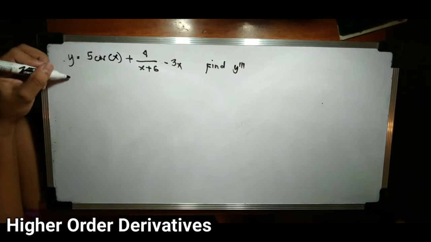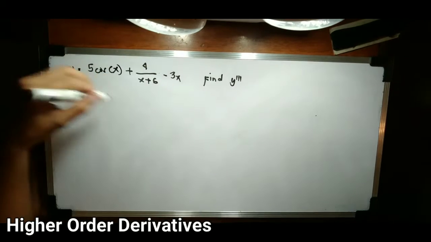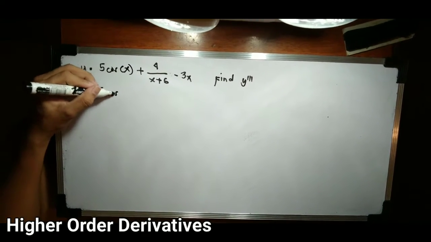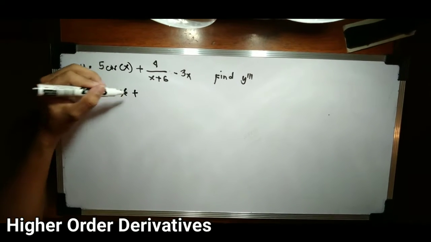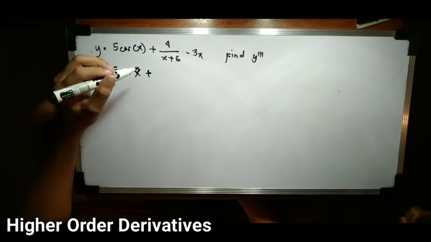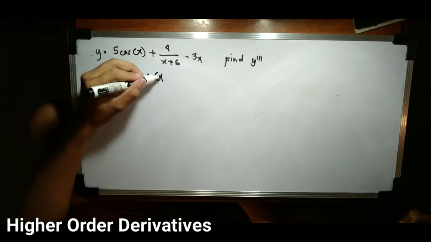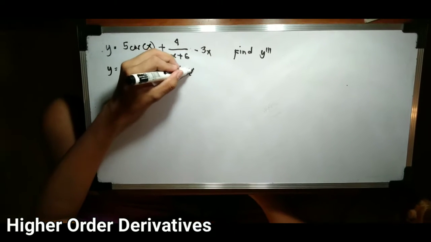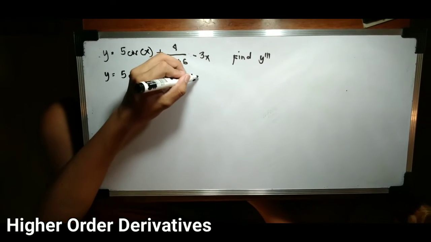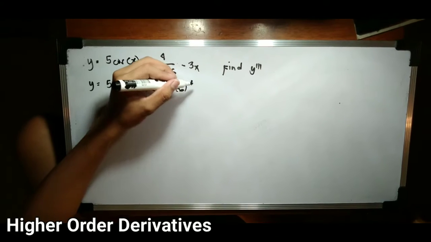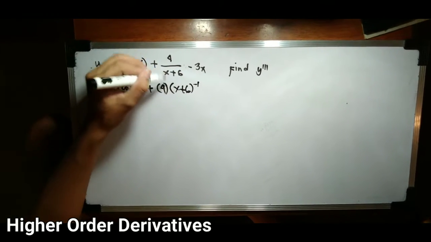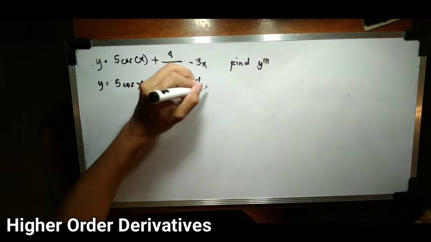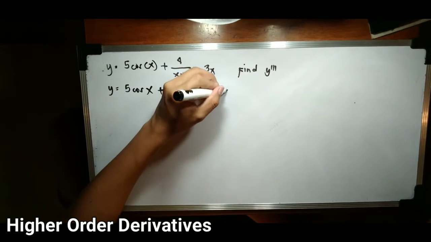So first we will rewrite this function. So 5 cosine x plus 4 times x plus 6 raised to negative 1. So these two are equal. I just rewrite it so that we can simplify it easier. Minus 3x.